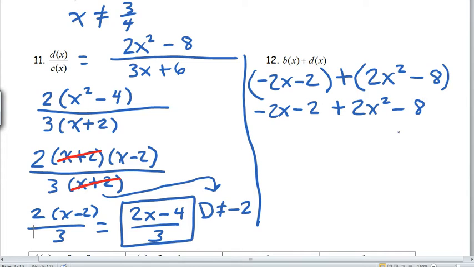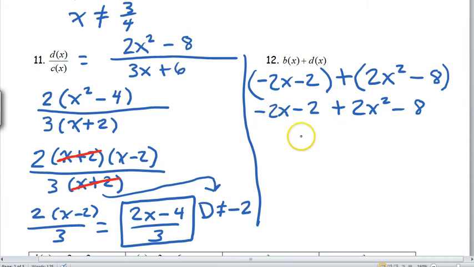Here's a mistake that probably 3 or 4 of you would have made. Somebody would have started foiling, doing the distributive property on this problem. This is an addition problem. We will not be multiplying. We will not be foiling. We are simply going to erase the parentheses and start combining like terms.